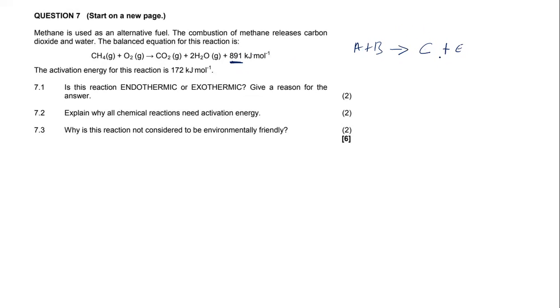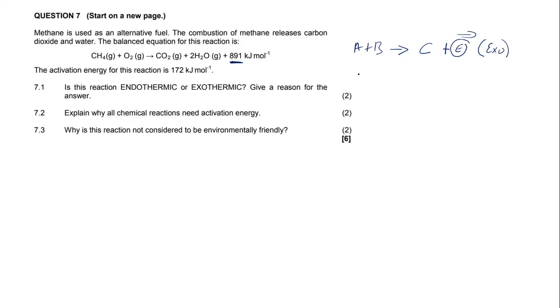So in this case, we always say this type of reaction is an exothermic reaction. But why do we say that? Because our energy is given off on the product side. We are not using the energy in this reaction. Because the energy is written on your product side, that means we are giving off the energy.